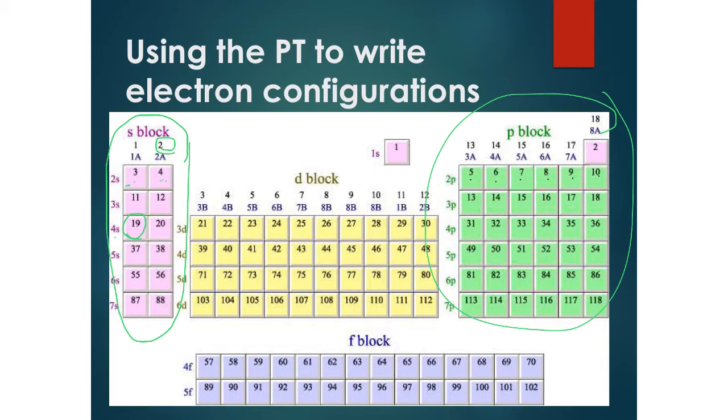So wherever you are in here, like if we're down here at 85, the electron configuration is going to end in 6p, 1, 2, 3, 4, 5. So it's going to end in 6p5. This can also help us remember that P can hold 6 and that S can hold 2.